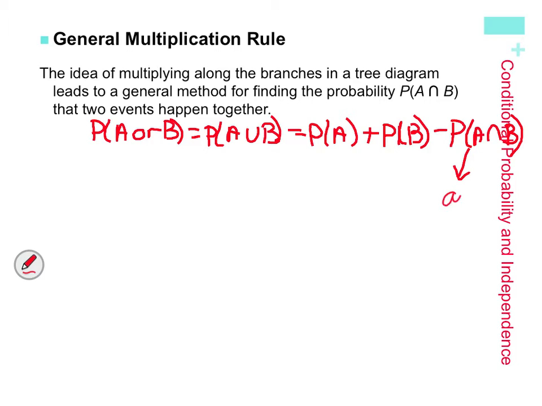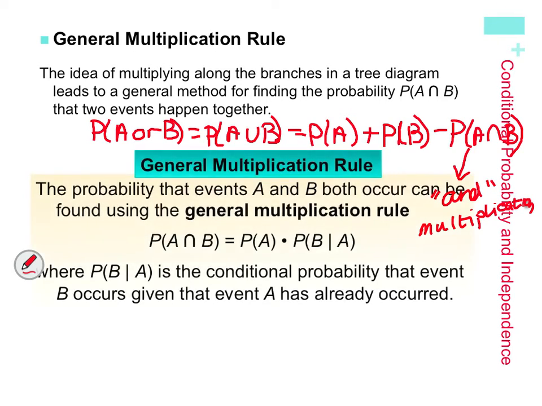Well, the word "and" in probability often implies multiplication, okay? So you know that we're going to be multiplying somewhere, but what we are multiplying is the question. What I'm describing here is the general multiplication rule.